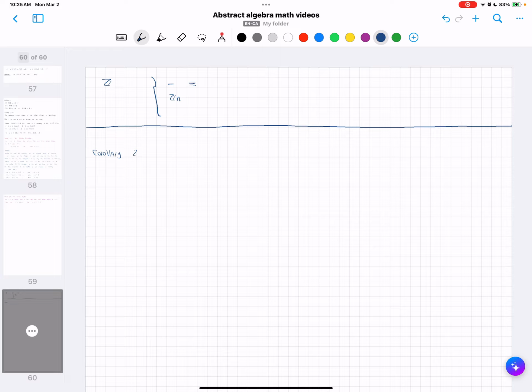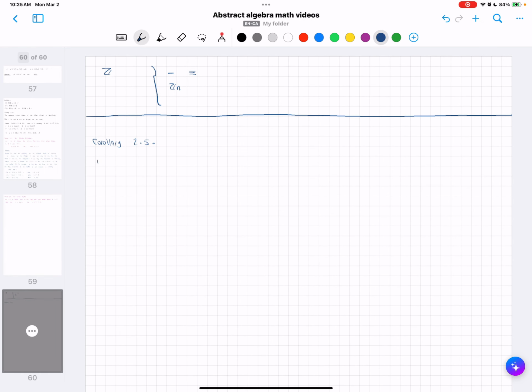Corollary 2.5. Let n be bigger than 1, an integer, and consider congruence modulo n.